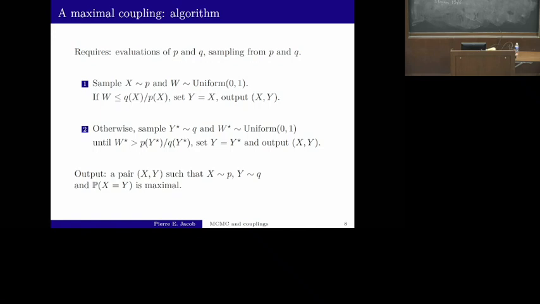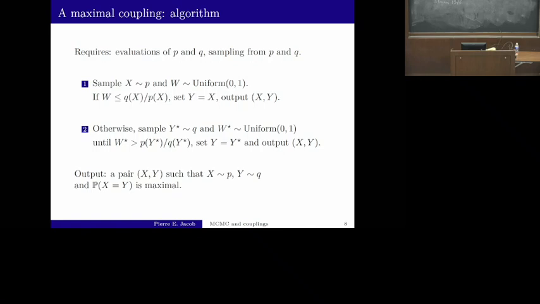Either we set Y equal to X, that's when the pair is identical, or we do something else to obtain Y, but still we output X. X is only drawn here, so it's clear that X follows P. It comes from P and we don't do anything to it, so for sure X follows P. Now we have to discuss Y and decide whether it follows Q, and if it does, see whether sometimes X is equal to Y. Does the algorithm sometimes stop at the first step?